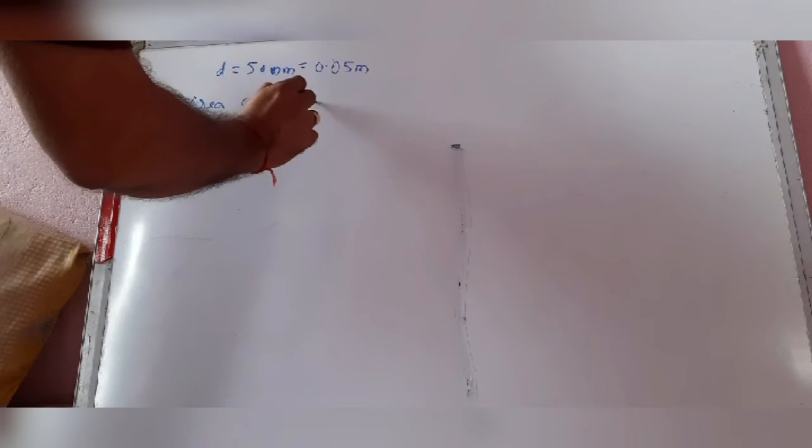Now, in this question, the diameter of the jet is given, d equal to 50 mm, that is 0.05 meter. So the area A equal to pi by 4 d square.